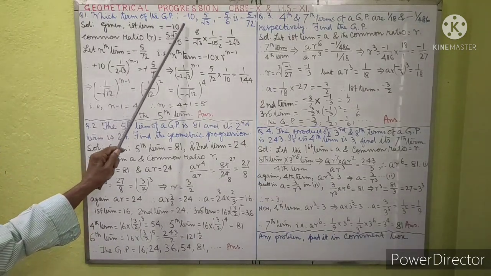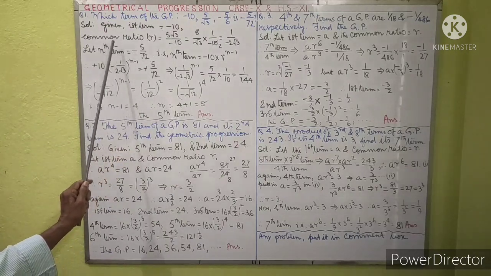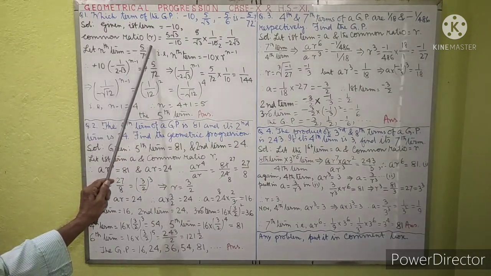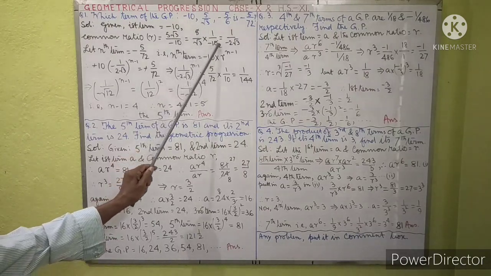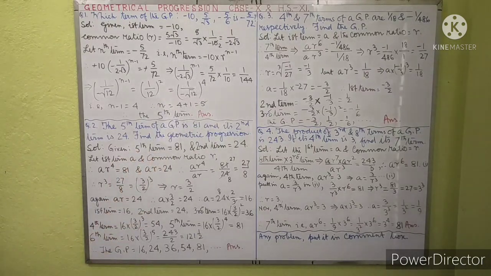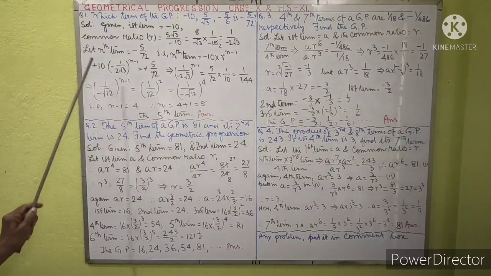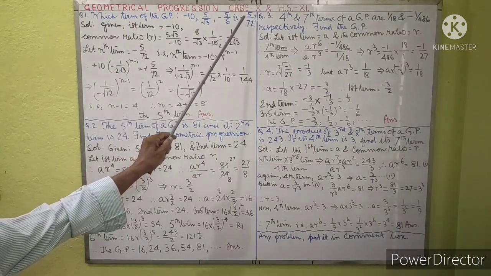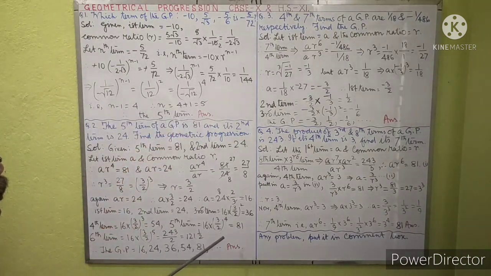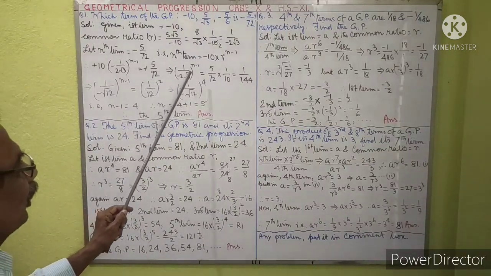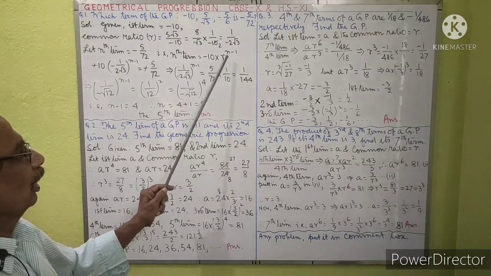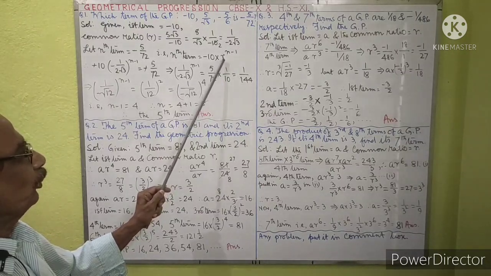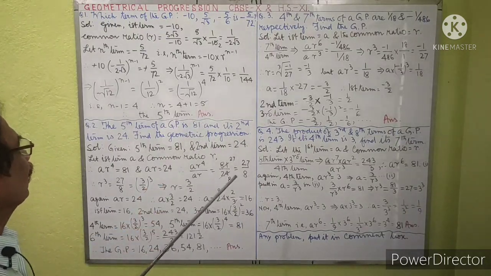The first term given is minus 10, and let the common ratio be the second term divided by the first term, that is 1 by minus 2 root 3. Let the nth term be minus 5 by 72, that is nth term equal to minus 10 into r, where r is the common ratio, to the power n minus 1.